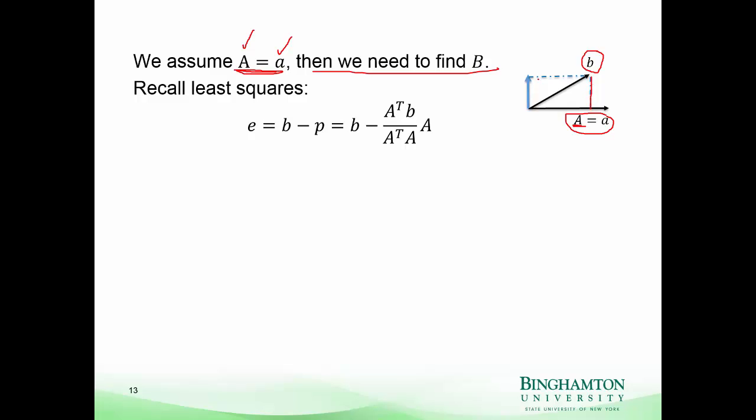And then remember, if we ended up finding the vector here that was just the difference between B and its projection, we saw that that vector was going to be orthogonal to the original. That was the whole point of how we derived least squares.